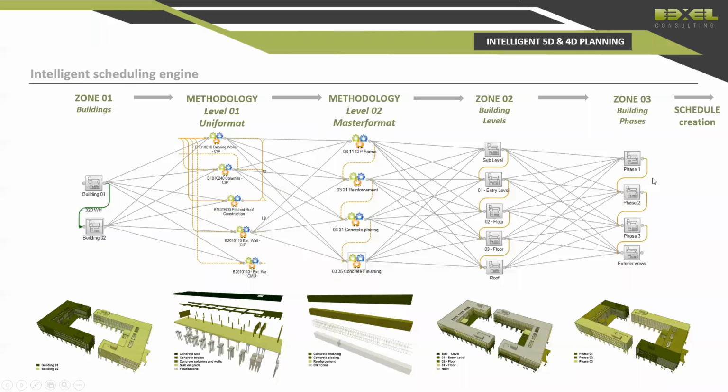And we had 10 zones. So at the end, the system created more than 15,000 tasks in the schedule. And you have to agree, if we had to do it manually, it would take much time. And of course, it would be very difficult to check the quality of the created schedule.